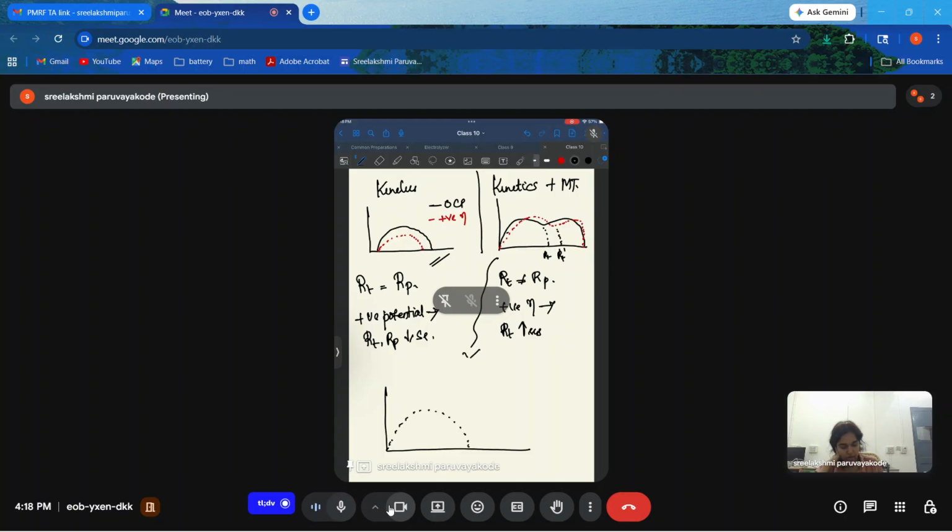this. This is the case when RT is equal to RP. Now, when mass transfer effects come into play, you can expect something like this as the behavior. After a long time, you will get something like this, the Warburg 45 degrees.